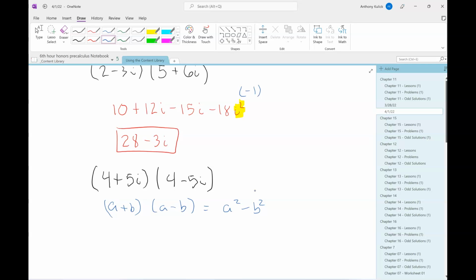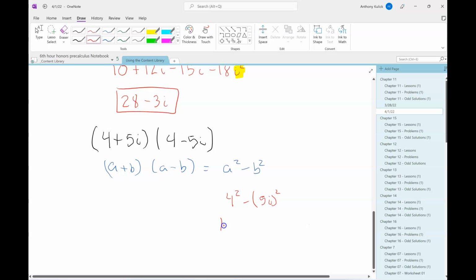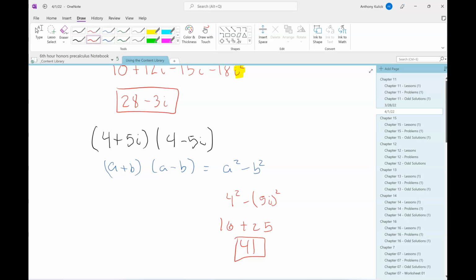This is just going to be 4 squared minus 5i squared. So 16 plus 25 is what that'll simplify down to. You guys catch why it turned into plus 25 there? If you don't, you can ask. It's okay. You see the i squared is the -1, and then the negative of a negative makes it the positive, right?